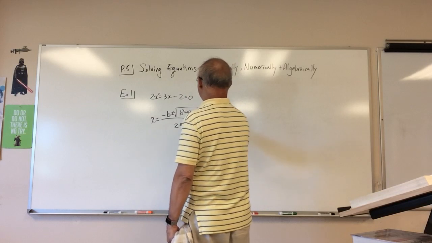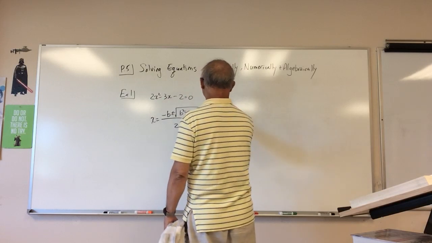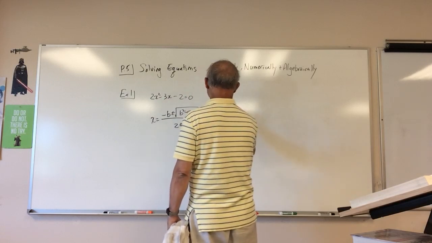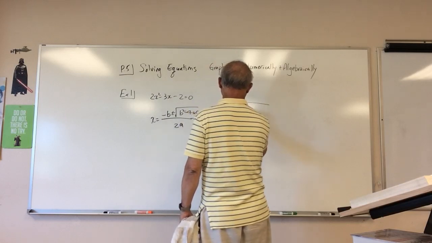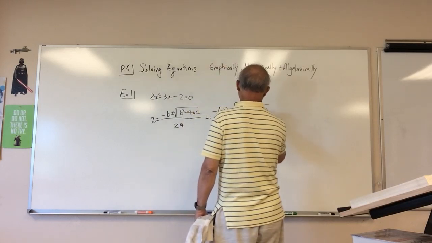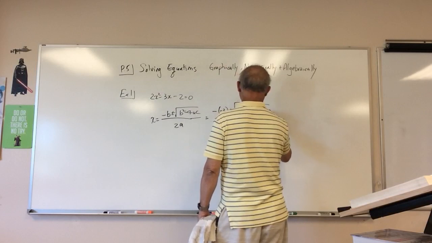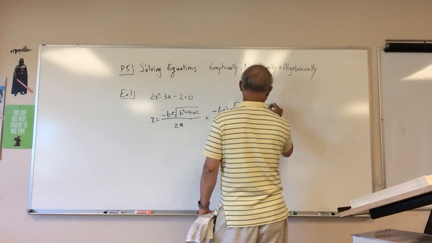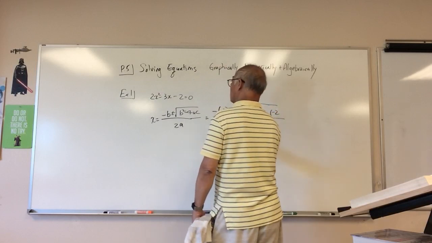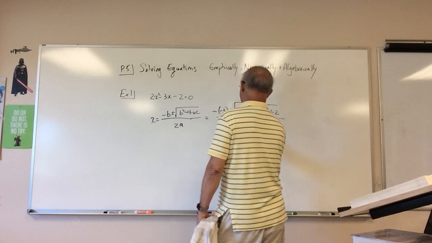So negative b is negative 3, plus or minus the square root of b squared minus 4 times a times c, over 2 times a.